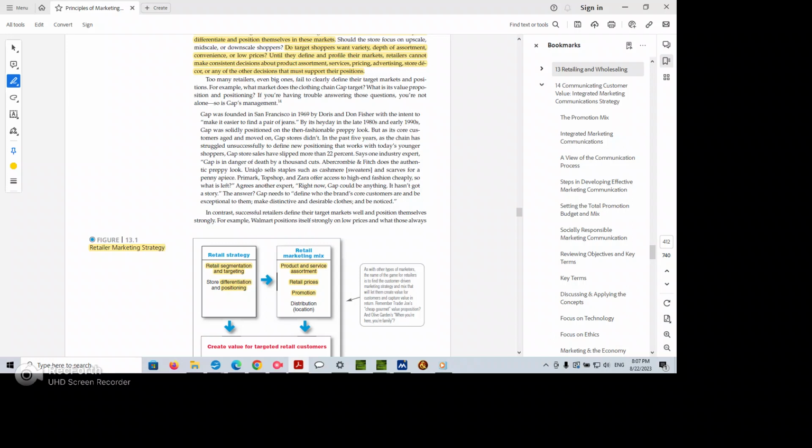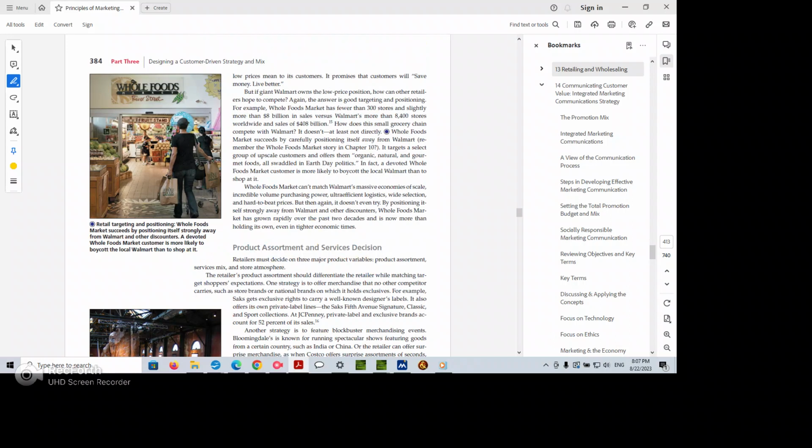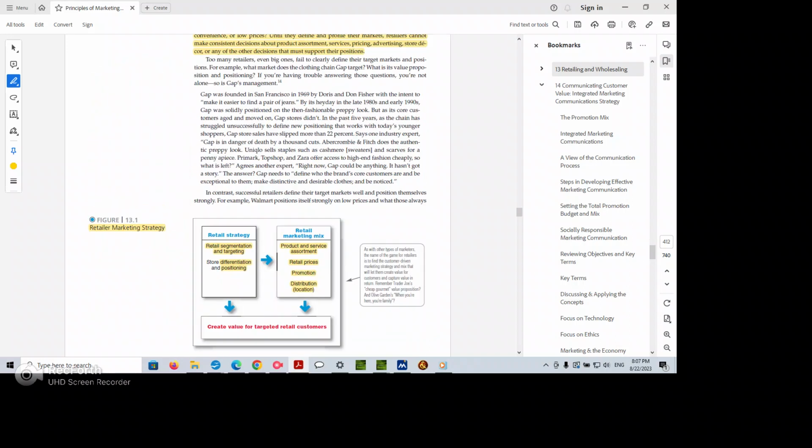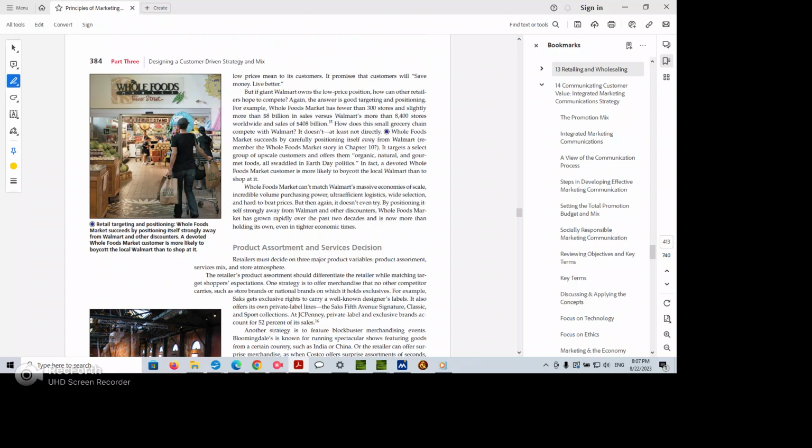That is, selling a total amount of inventory divided by how many dealers or how many retailers, depending on if it's business to consumer or business to business. So it depends on the model that we're dealing with. Now, once we have that established, we need to consider that it creates value for targeted retail customers. Remember, this is business to consumer, not business to business.